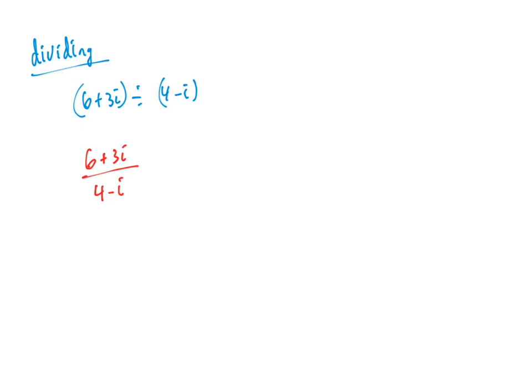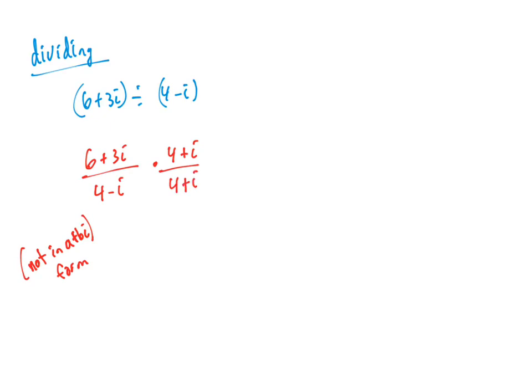Now, a common thing we'll want to do is write this fraction in a plus bi form. The issue with this form is that this is not an a plus bi form. So what we need to do is multiply by the conjugate.